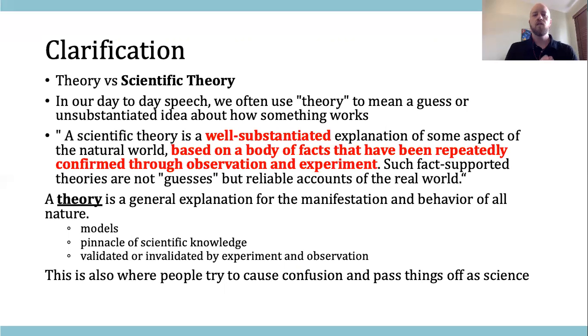So a theory is a well-substantiated explanation of some aspect of the natural world. It is based on facts that have been confirmed through observation and experimentation. A theory is everything we know about a subject. Theories are considered the pinnacle of scientific knowledge.